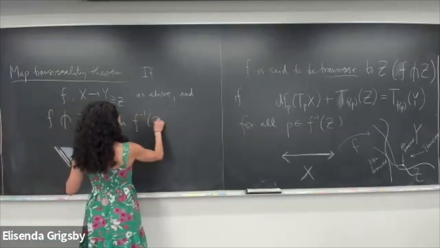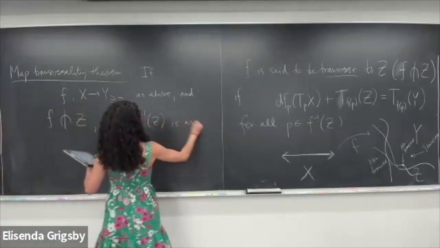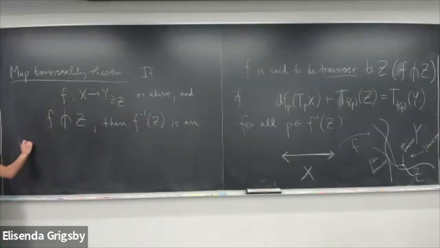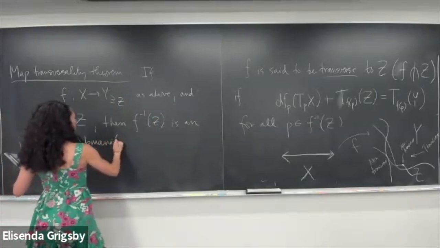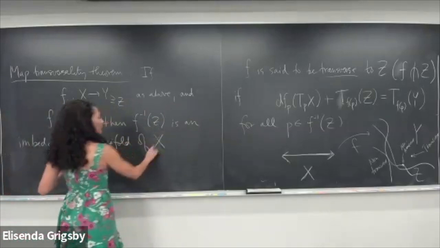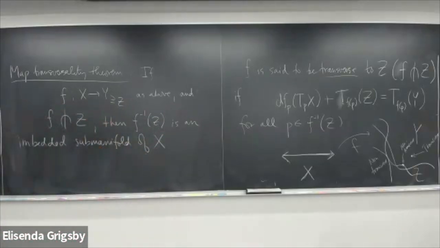F inverse of Z is an embedded submanifold of X. This is the important point. Moreover, it has expected codimension.